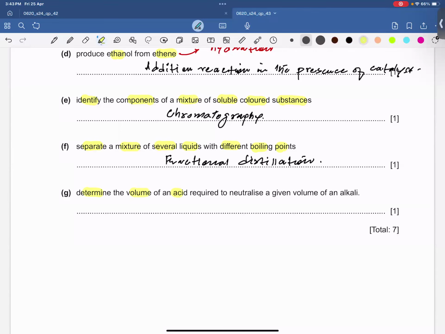Determine the volume of an acid required to neutralize given volume of an alkali. Neutralization, titration. So neutralization is a process and titration is a practical term. So I'm gonna go with the titration thing.